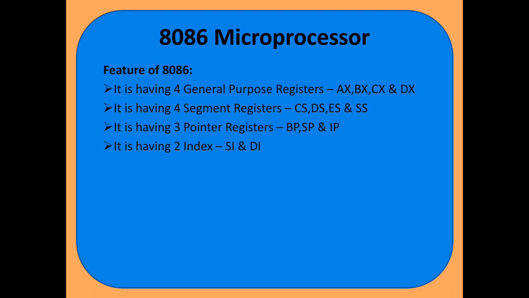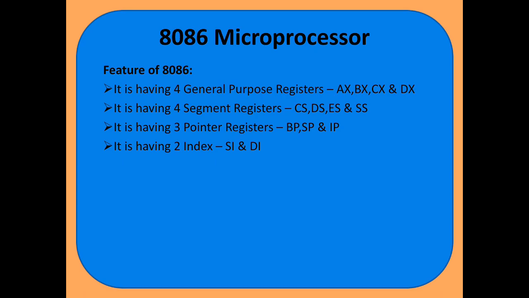It has 4 general purpose registers named AX, BX, CX, DX. The general purpose registers store data and addresses. It has 4 segment registers: CS, DS, ES, SS.